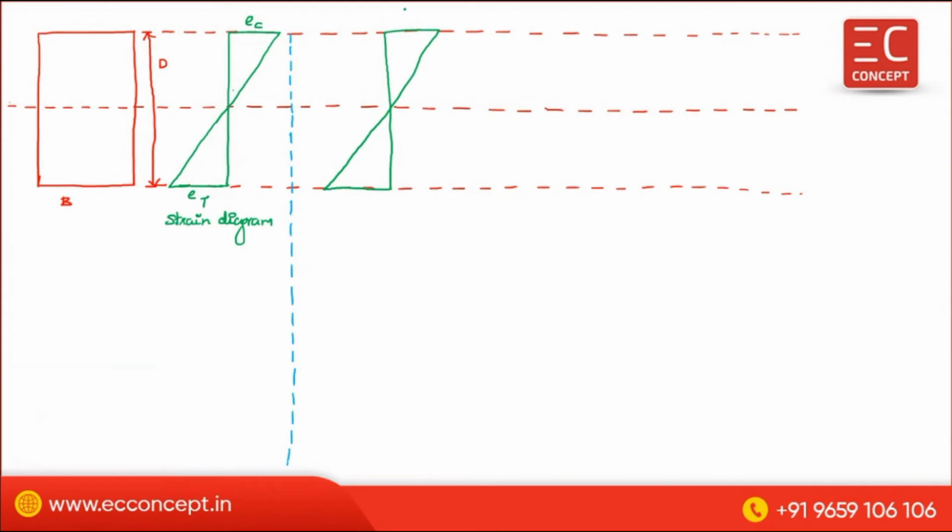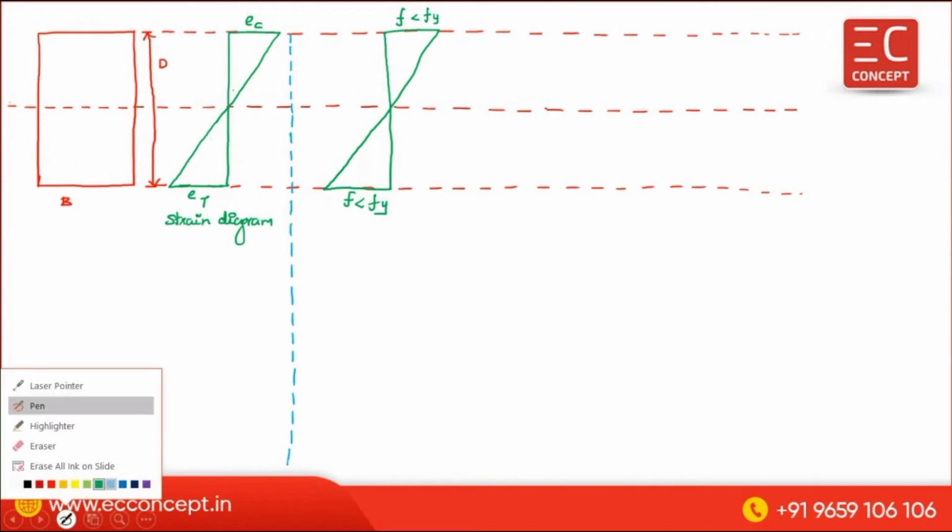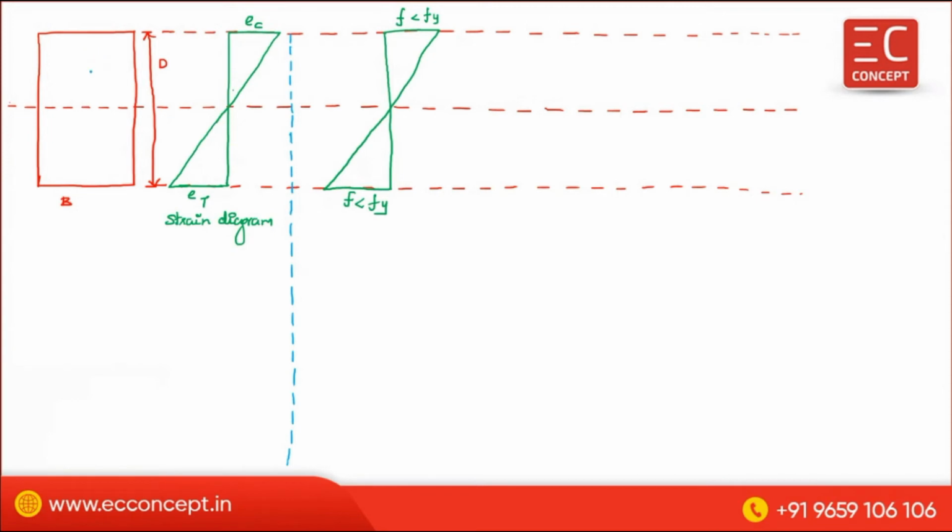So in the stress diagram, this is the compressive stress. This is the tensile stress. So this is the yield stress, F y. Top is compression, bottom is tension. Now this stress is less than the yield stress, and this is also less than the yield stress. While loading, this cross section is subjected to a bending stress. The bending stress at top is F and at bottom also F, and that value is less than the maximum, that is the yield stress.